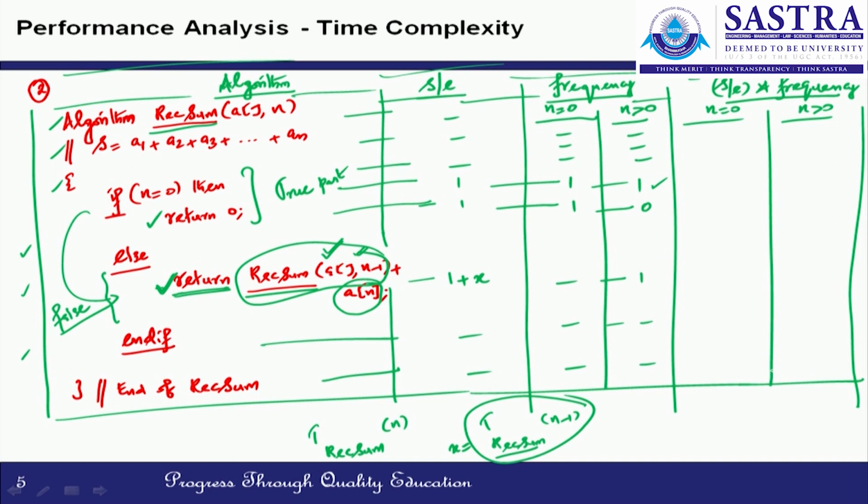Now, the step-wise execution column is multiplied with the corresponding frequency column when n is equal to 0.